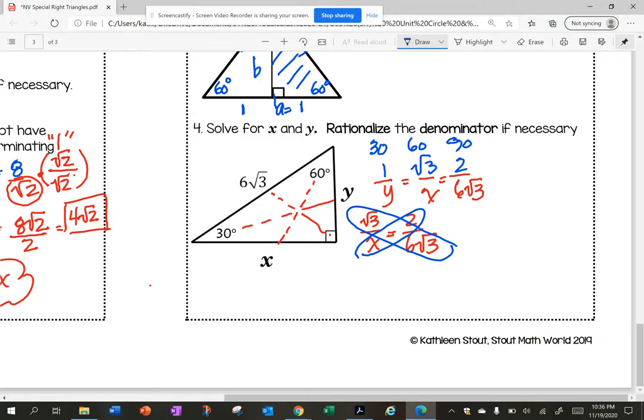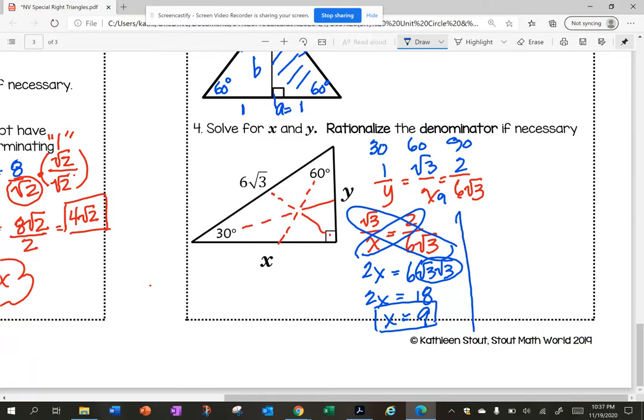I have 2x equals 6 times the square root of 3 times the square root of 3, which we just reviewed is the square root of a number times the square root of a number is that number. So this is going to be 2x equals 6 times 3, which is 18. Divide both sides by 2 and I get x equals 9.